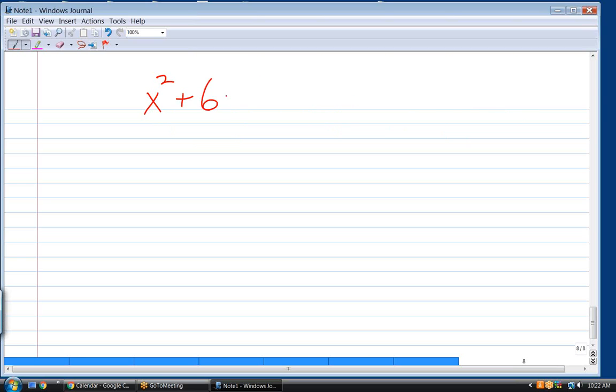When you have a quadratic expression, particularly in standard format, and this is in standard format because the x squared is first, the x term is next, and then the term without an x, the constant, is next. There is a particular way to factor these.